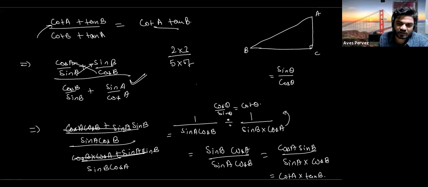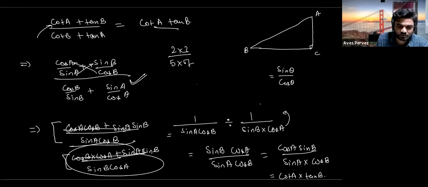So in the next step you can simply write it this way: this one is the first numerator and this one is the denominator. So 1 upon sin a into cos b is being divided by this term, meaning this whole term is being divided by this term.